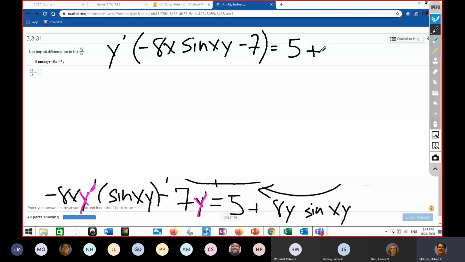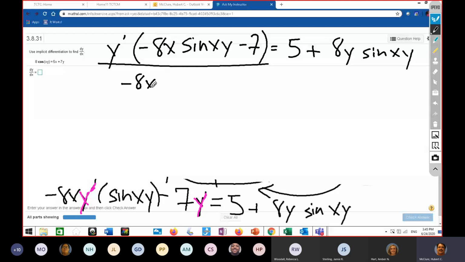And now I just divide by negative 8x sine of xy minus 7.